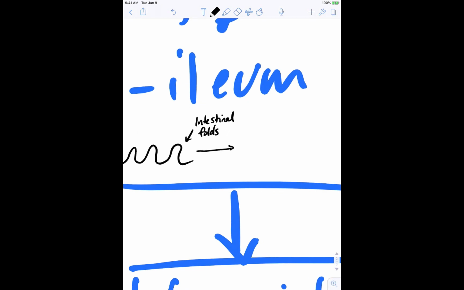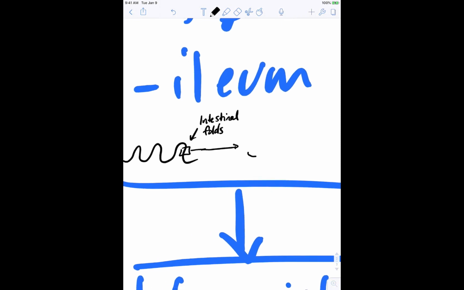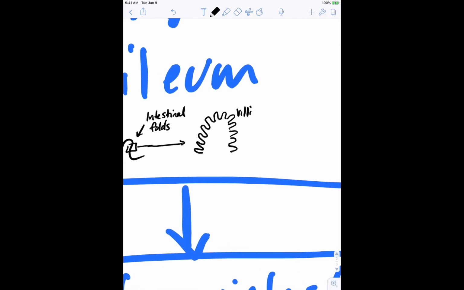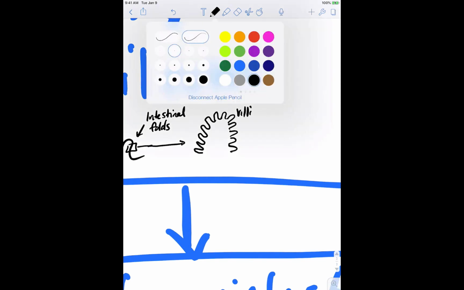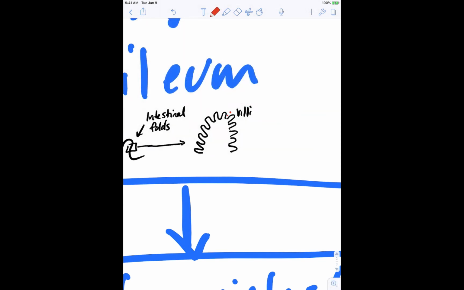The next thing you'd see is if you looked closer at these intestinal folds, you'd see that the folds themselves have these sort of little finger-like projections. These are called villi. And these increase the surface area so that food molecules that are coming close to the intestine have more spaces to interact with and hopefully absorb.